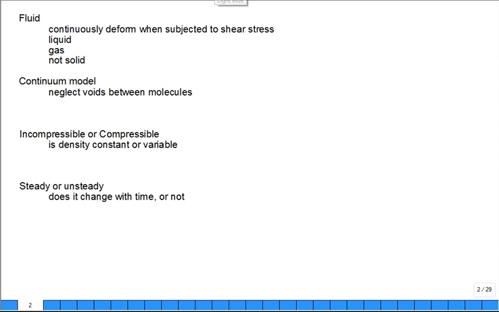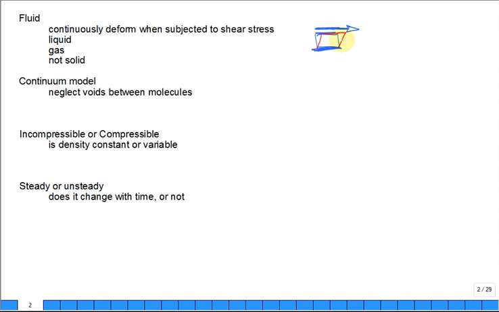All right, let's continue on. Fluid. What is a fluid? A fluid is different from a solid because a fluid continuously deforms when subjected to a shear force. If I take a block of a solid and attach something and pull on it, it will possibly deform a little bit, but then it'll stop deforming, even though I have a finite, non-zero shear stress pulling at the top.